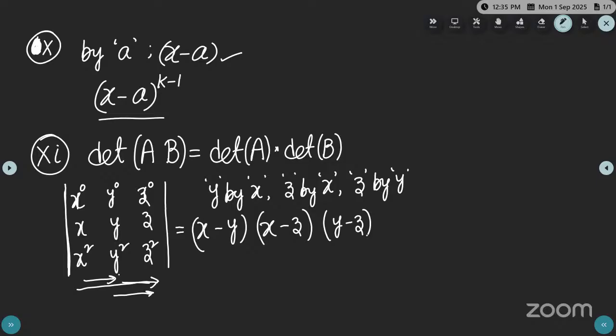I'm going to multiply with some non-zero scalar k. Let us wait. Here, k into x minus y, y minus z, z minus x. If you multiply all these, what do you get?